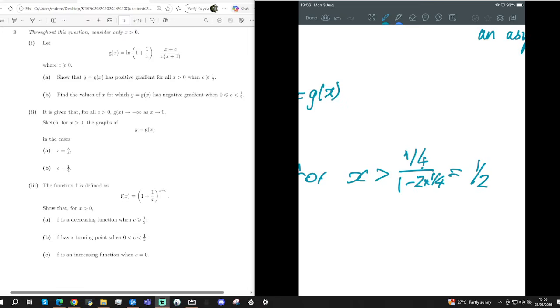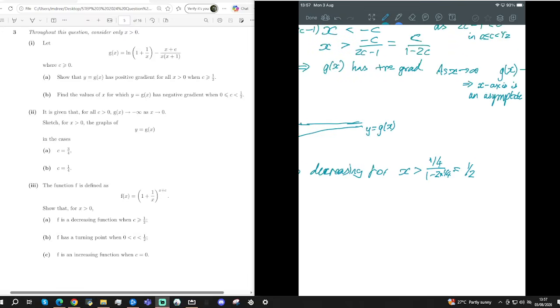Could just times top and bottom by 4, and we get exactly the same result. So we're decreasing when x is greater than a half, increasing for x less than a half, which tells me we have a stationary point at x equals a half.